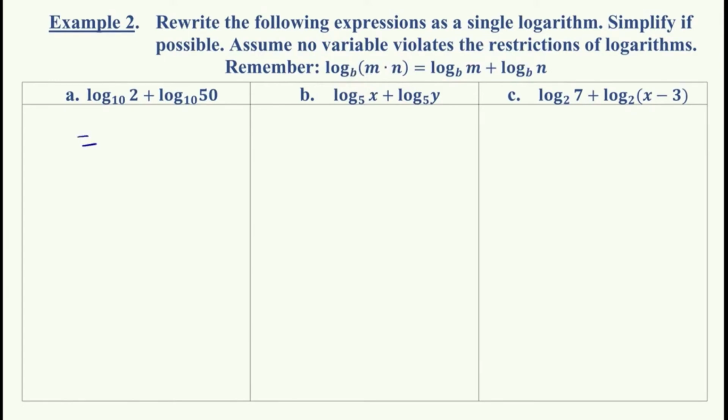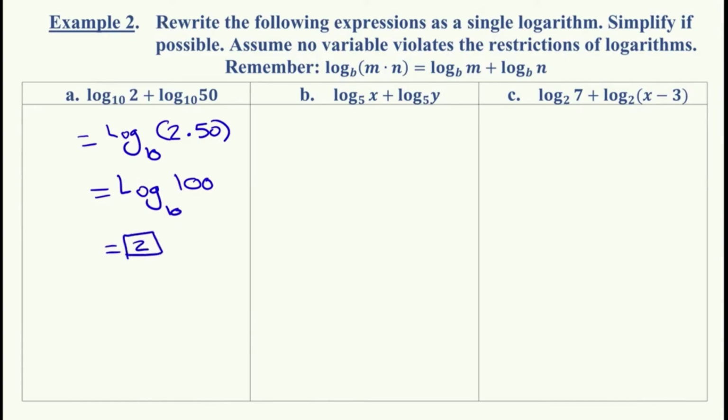So here we notice that we can write this as log base 10 of 2 times 50, which is log base 10 of 100, which of course does become a nice simple 2. What power of 10 is 100? We know that's just 2. So that's the final answer there.